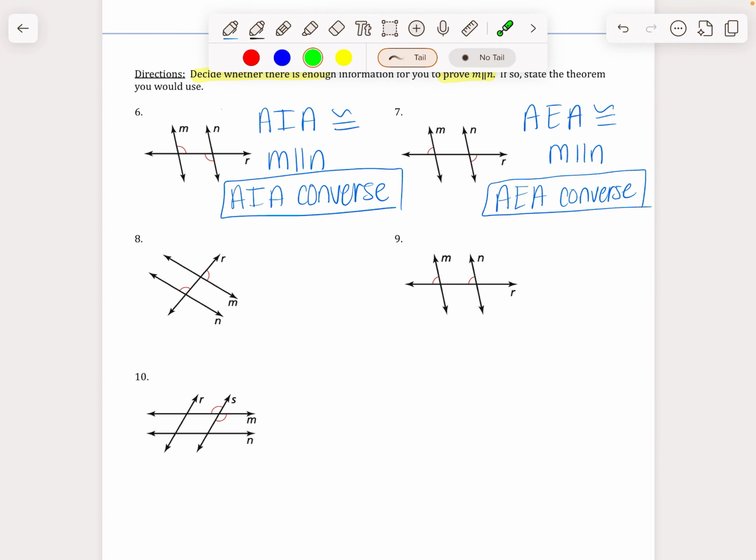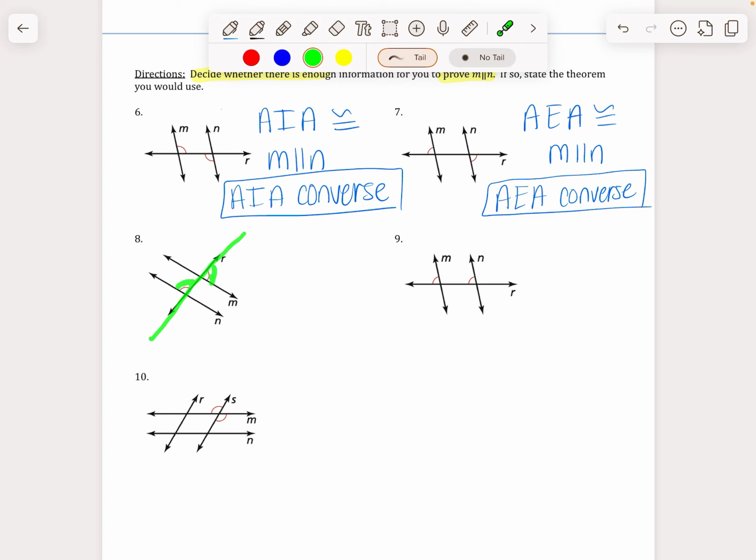Okay. This one, this is our transversal. This is an interior, and this is an exterior. The only time we have interior and exterior that are congruent is if they're corresponding. But this one is on the left, and this one's on the right of the transversal.